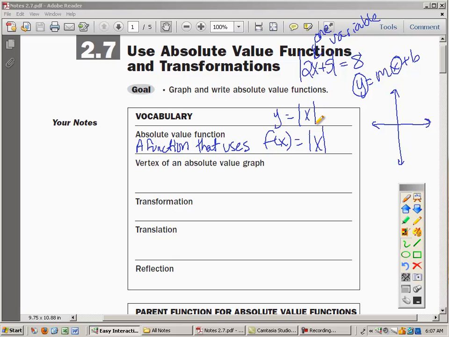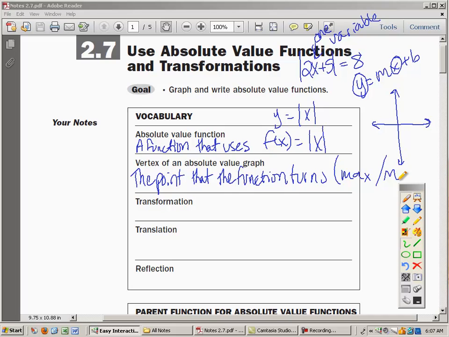The vertex of an absolute value graph is the point, the maximum or minimum of the absolute value function. I'm just going to put the point that the function turns, and I'll put max or min in parentheses. Okay, it's the maximum or minimum.